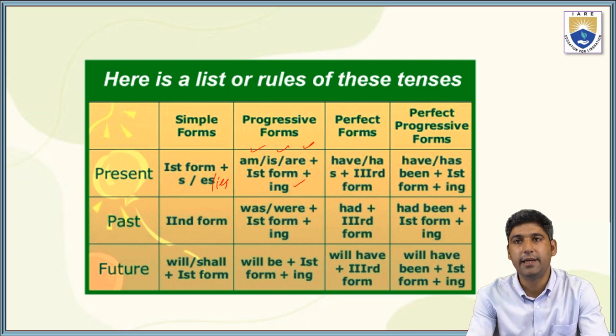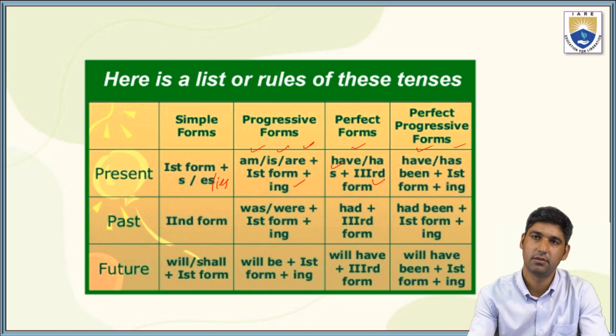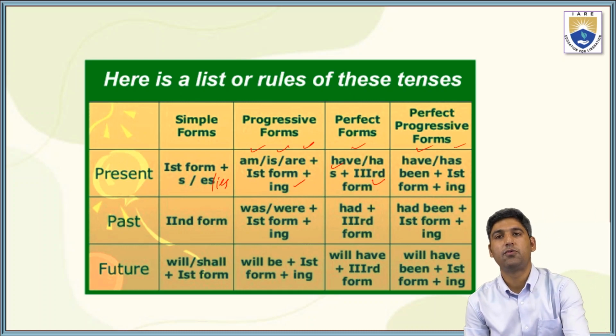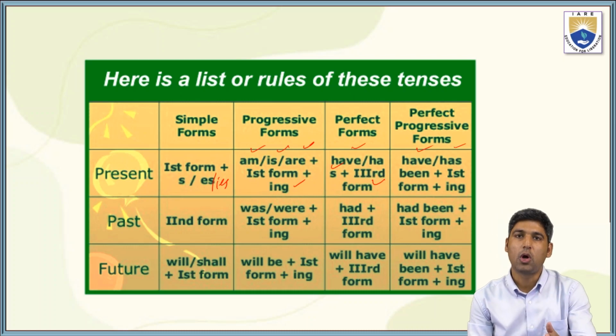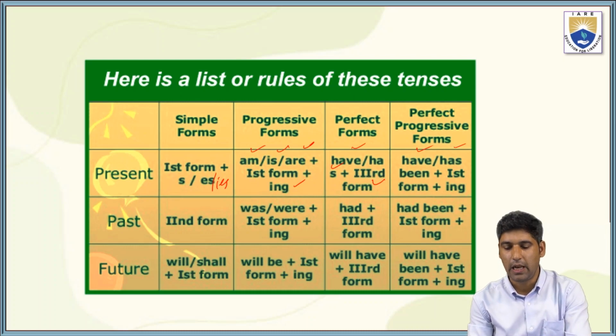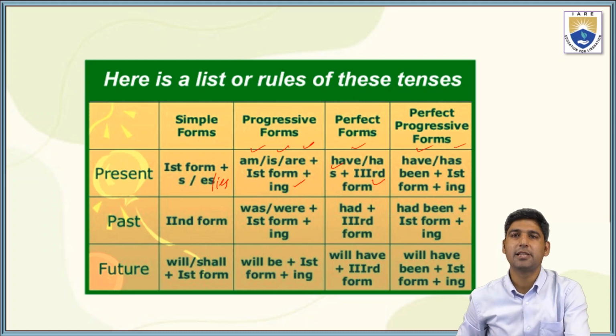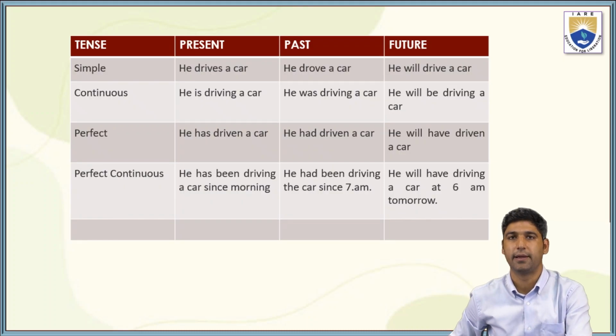Present perfect tense requires have, has, and third form of verb. Present perfect continuous requires have, has been, first form of verb plus ing. So it has been given for other tenses. We shall be talking about other tenses in the upcoming class. But here I am showing this table to you so that you can get an idea.